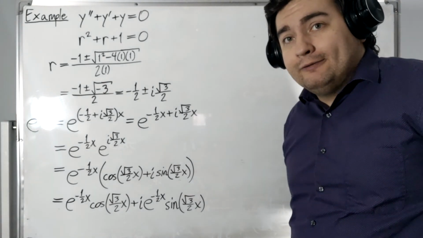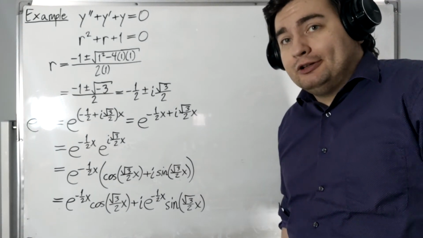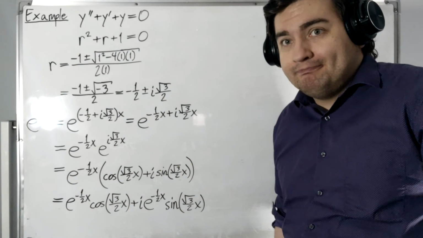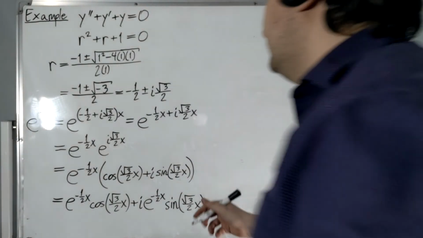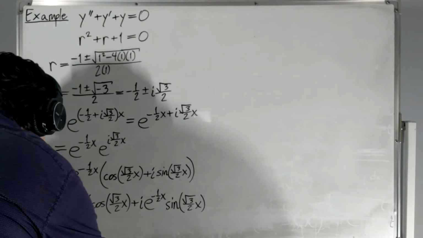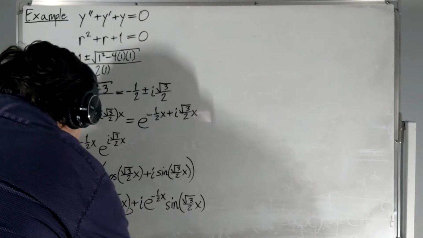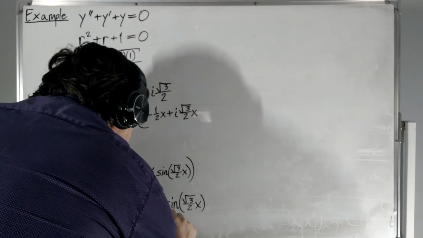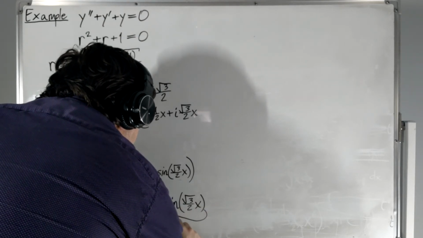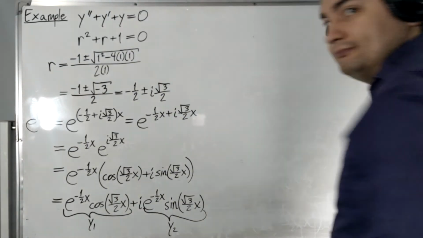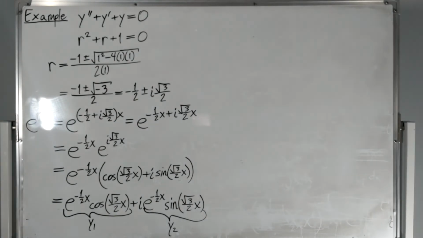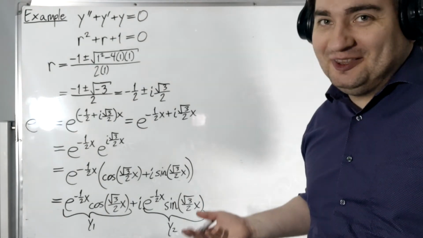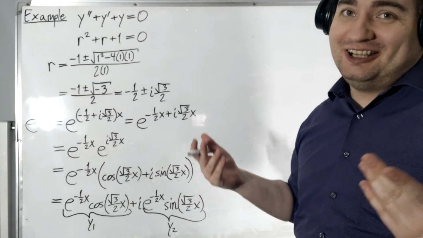Right, and now we have a real part and an imaginary part. So our real part is this function right here, which we'll call y1, and our imaginary part is this function, which we'll call y2. And now again, we can check using the Wronskian that those two are linearly independent.